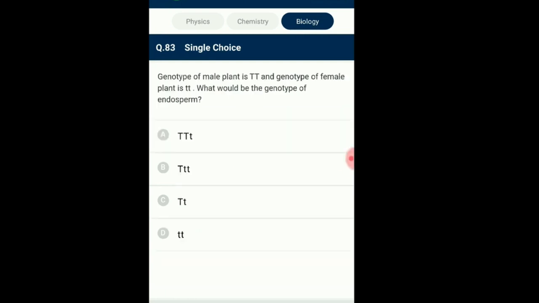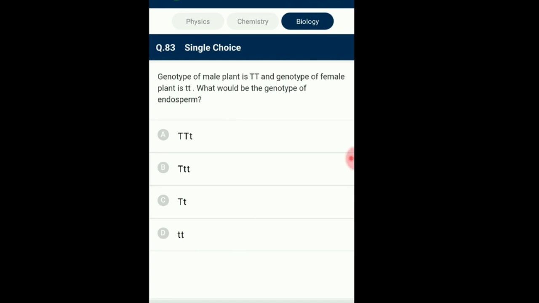83. Genotype of male plant is capital T, and genotype of female plant is small t. What would be the genotype of endosperm? Ploidy of endosperm is 3N, that is a triploid, and it is formed by the triple fusion in which the second male gamete fuses with two polar nuclei present in the central cell of the embryo sac.